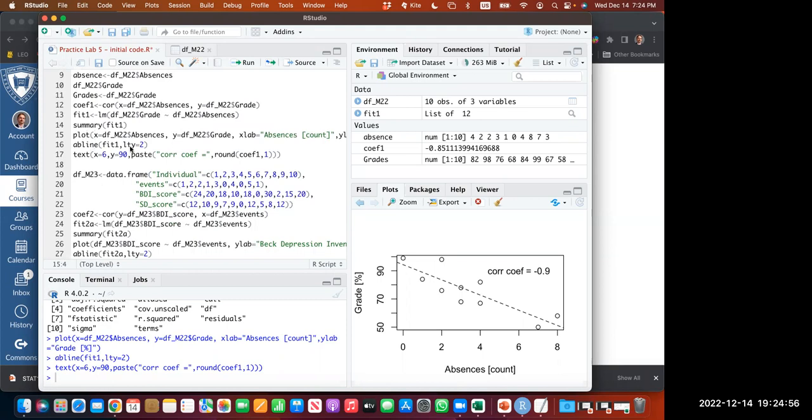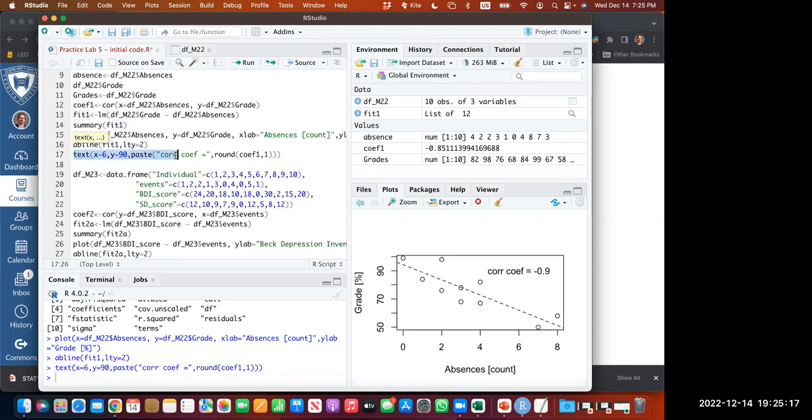So with plot, you're plotting your scatter plot. With abline, you're fitting a line through it, and that line is consistent with your function fit1. R will automatically recognize that you're interested in plotting your line of best fit.